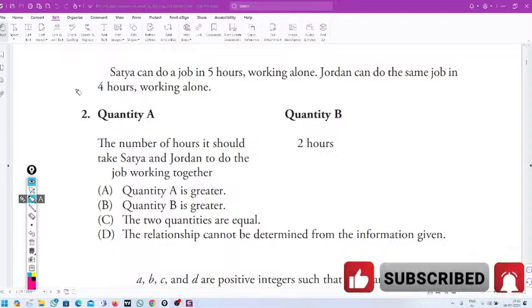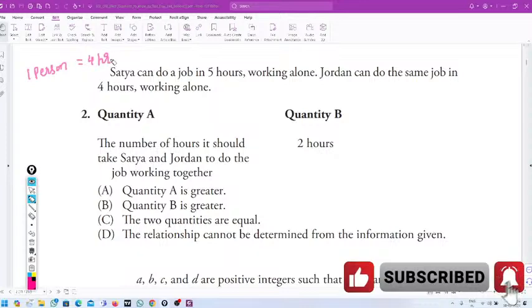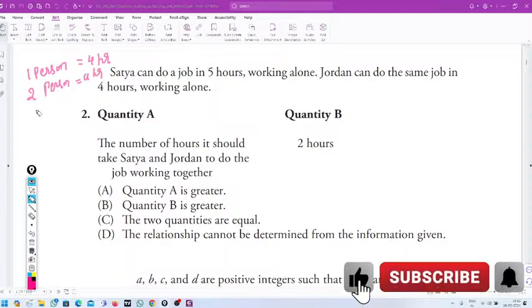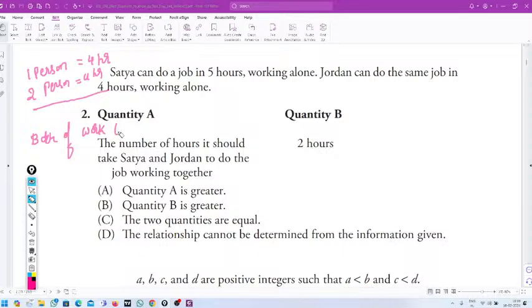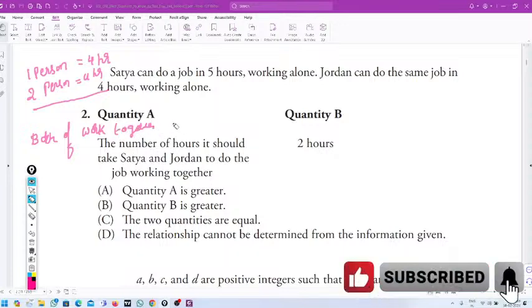If both people are working, one person is working for 4 hours, the second person also working for 4 hours. Both of them working together will share the work equally.